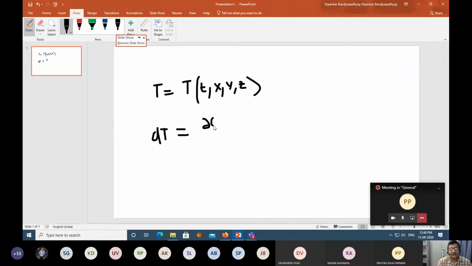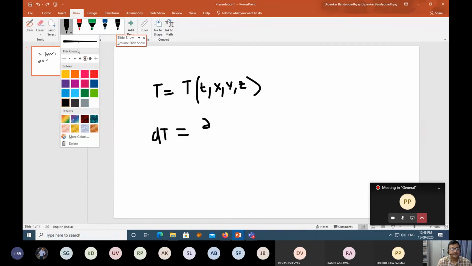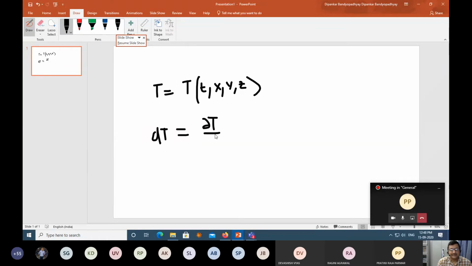You write that this is equal to del T by del t at constant x, y, and z, dt, plus del T by del x dx.